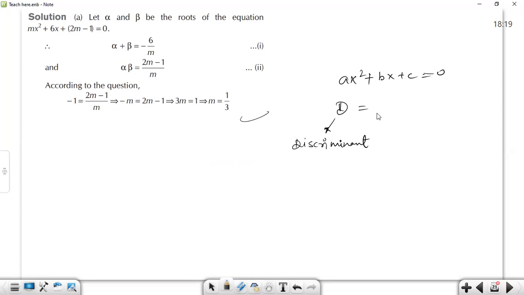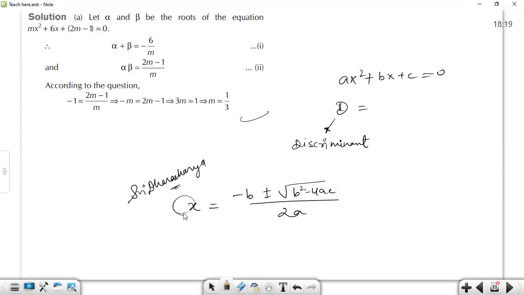Minus b plus or minus root of b square minus 4ac by 2a. This is x, the Sridharacharya formula by which we find the roots of any quadratic equation. So this is the root, not the discriminant. The discriminant is whatever is under the root: b square minus 4ac.